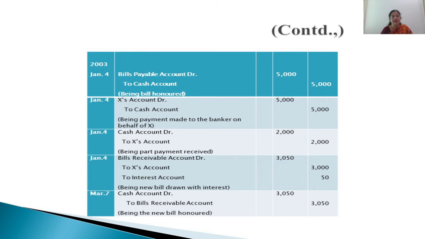So bills payable is coming in to cash account because cash is going out because we have honored the bill, right? Then on the same date, X account debited to cash account because of payment made to the banker on behalf of X, because X told he is unable to make the payment when it is presented to him.